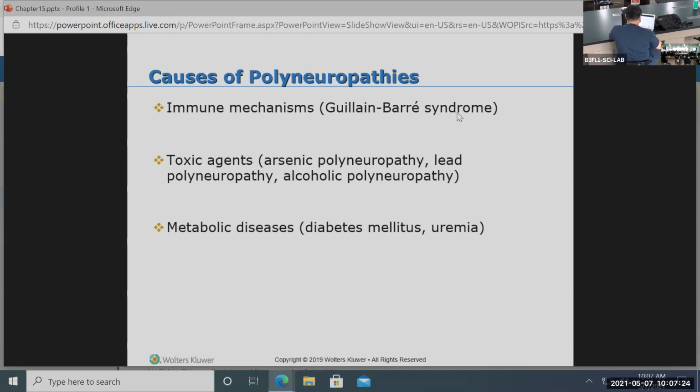So somebody has type 2 diabetes, a long history of diabetes, they might suffer from polyneuropathy. We call it diabetic neuropathy. Diabetic neuropathy is a type of polyneuropathy.